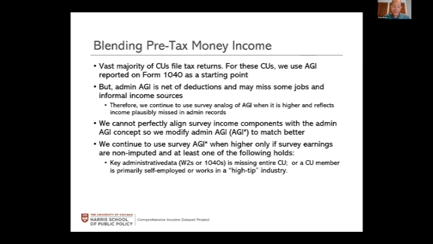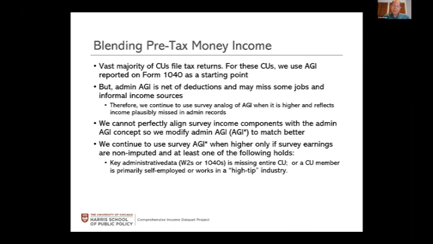We take the administrative records to never be over-reporting, which is, we think, not exactly correct, but a very plausible assumption here. We cannot perfectly align survey income components with the admin AGI concept, so we modify it to get admin AGI, what we call AGI star, to match better.